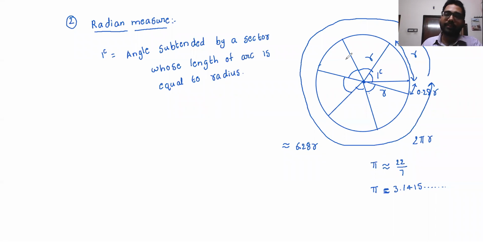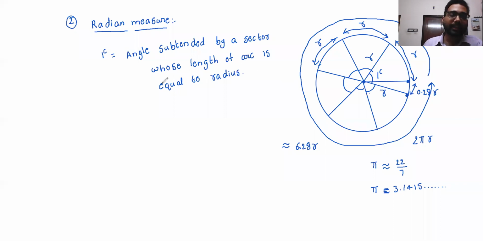If you take six of them, they will cover up to here, 6 radians, and the remaining portion is 0.28 r. So this is 2 pi r, which is approximately 6.28 r. Each r subtends 1 radian, right? So all these are 1 radian each: 6 r plus 0.28 r.